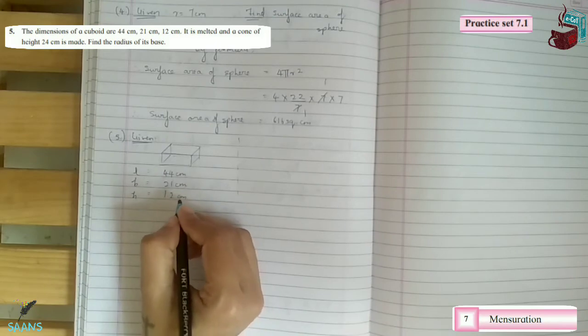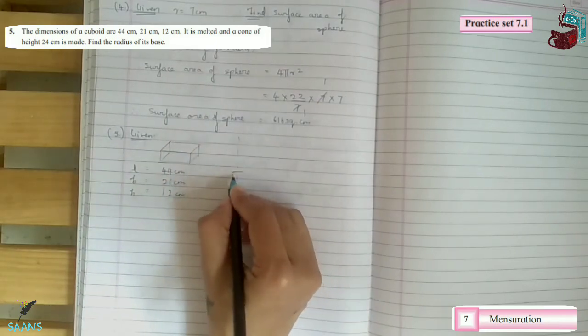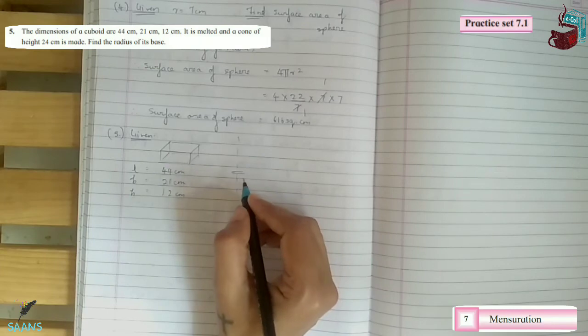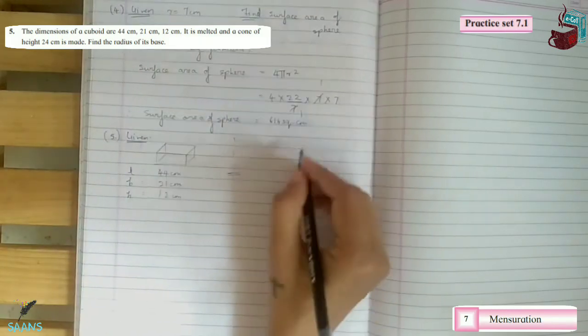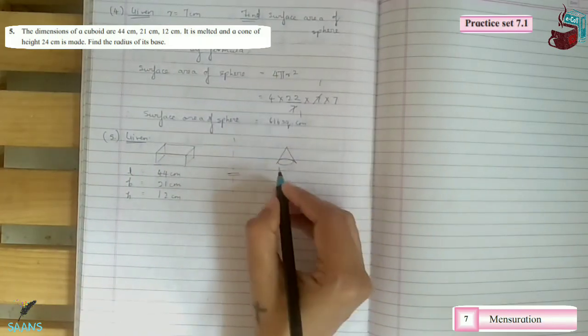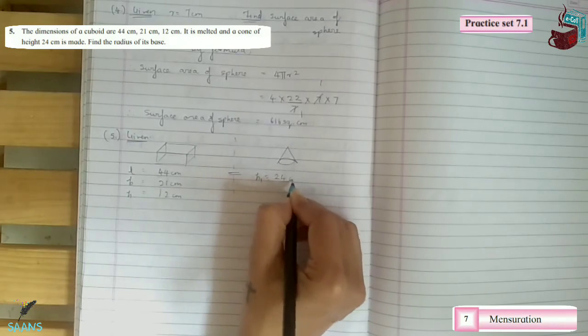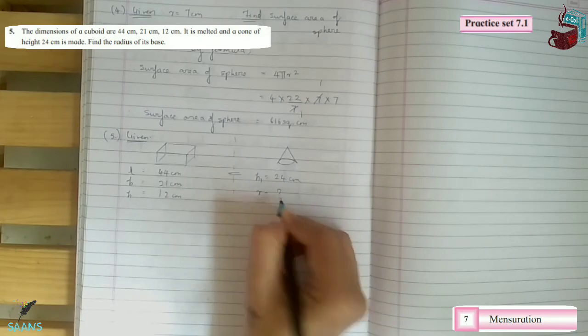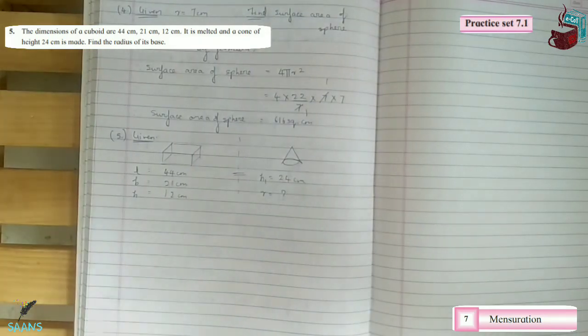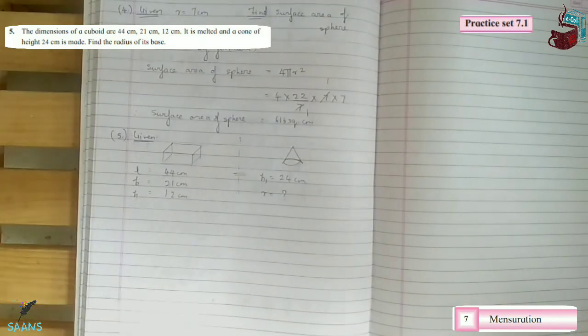Okay, then they are saying that this is melted into a cone. Here it is melted into a cone. Height is equal to 24 centimeters, but radius of the base is unknown. So for such sums, as I said, we'll have to compare.